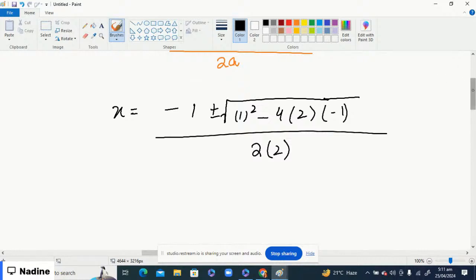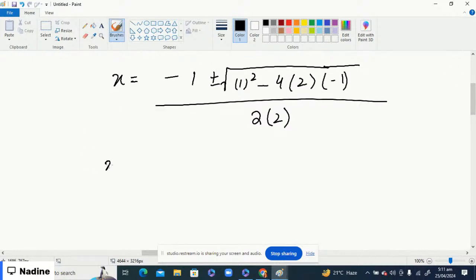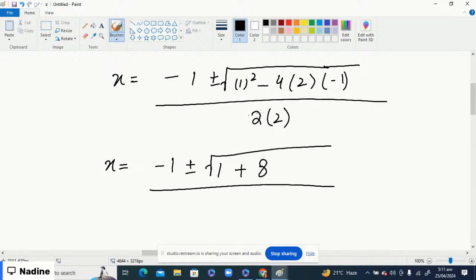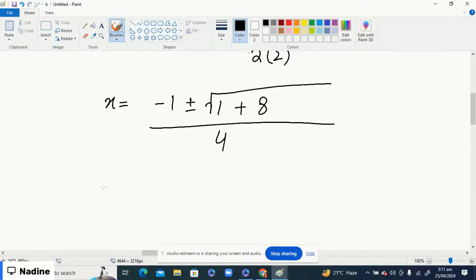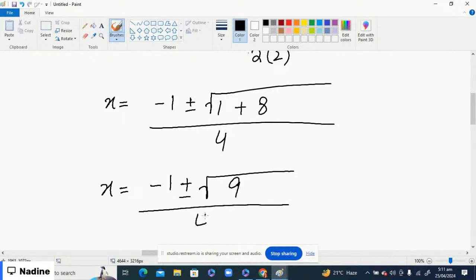Now minus 1 plus minus 1, minus minus is plus, 4 times 2 is 8. Oh, 2 times 2 is 4. Okay, x is equal to minus 1 plus minus 1 plus 8 is 9 over 4.